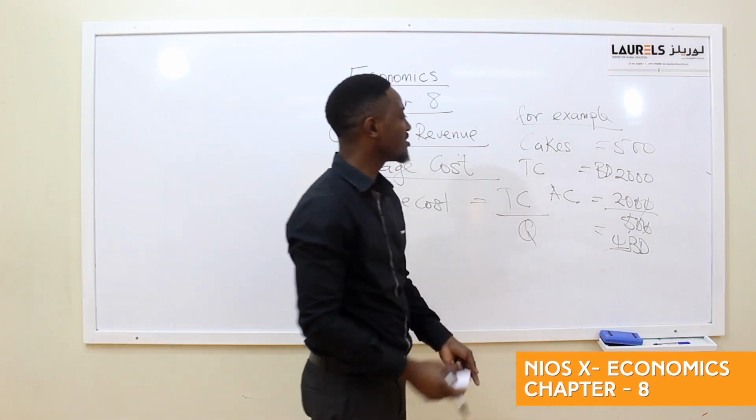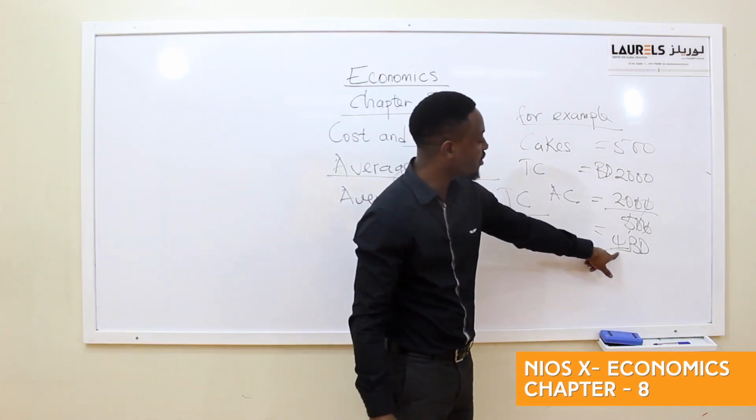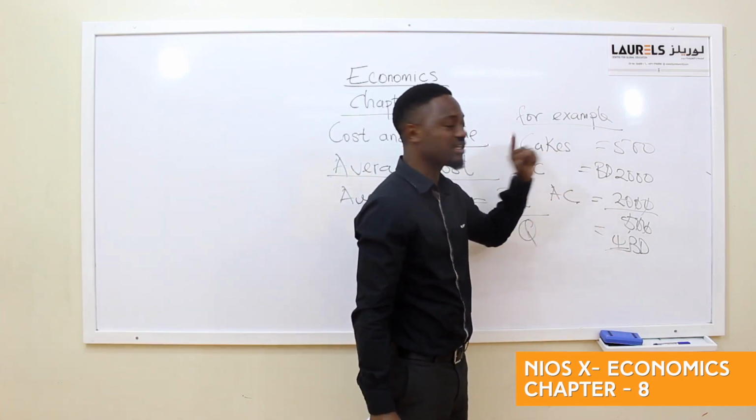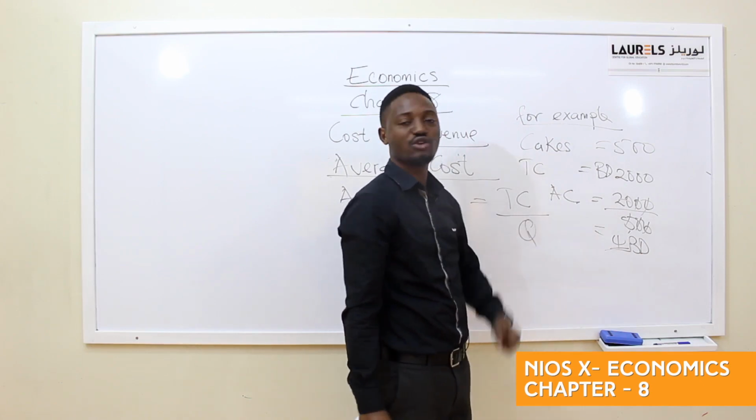So it means it costs 4 dinar to produce 1 cake. That is what average cost means.